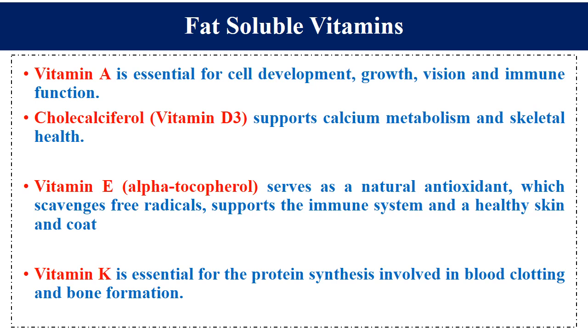This is very important in protein synthesis and is also involved in blood clotting and bone formation. So these four fat soluble vitamins can be stored in fat, so they need not be supplied on a day-to-day basis, and some of them are available in good amounts from animal origin food.